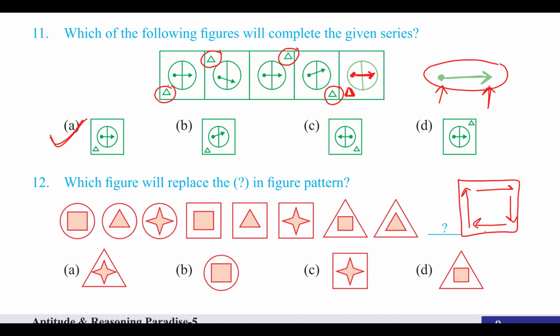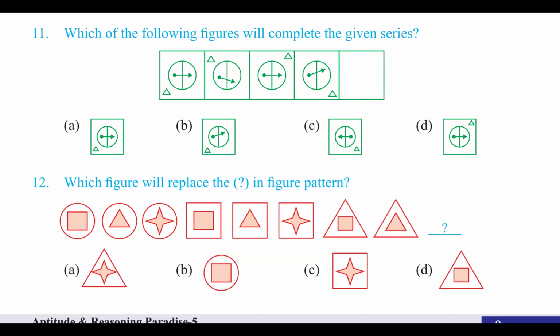Correct, good. And then the 12th one, quickly, Inaya, tell me the answer for the 12th one also. Sanaya has already told it. The last question that we have from patterns based on shapes.